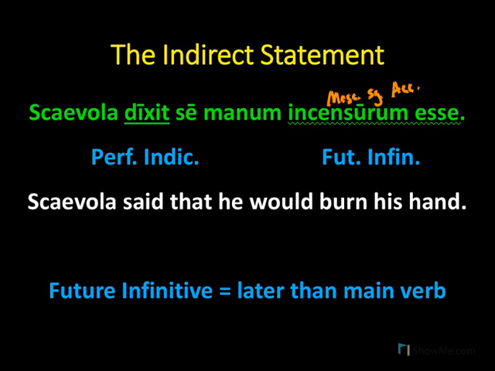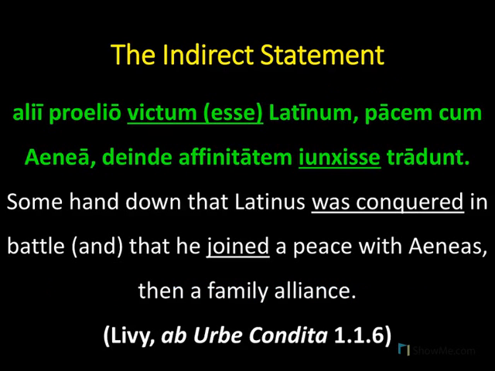Now we have two examples from Latin literature. The first one comes from the beginning of Livy's Ab Urbe Condita. Livy tells us an alternative version of a story in which Latinus, an early Italian king, was fighting against Aeneas, who recently arrived in Italy.